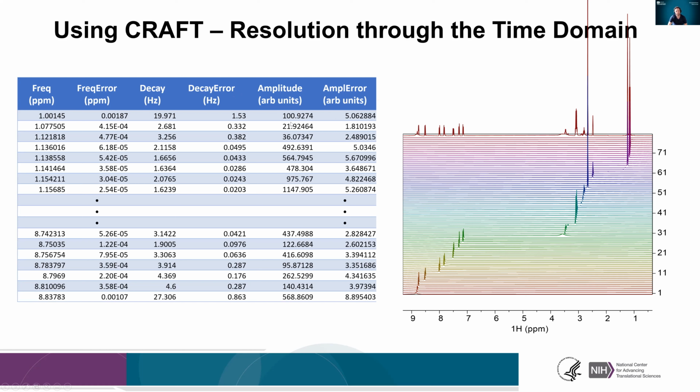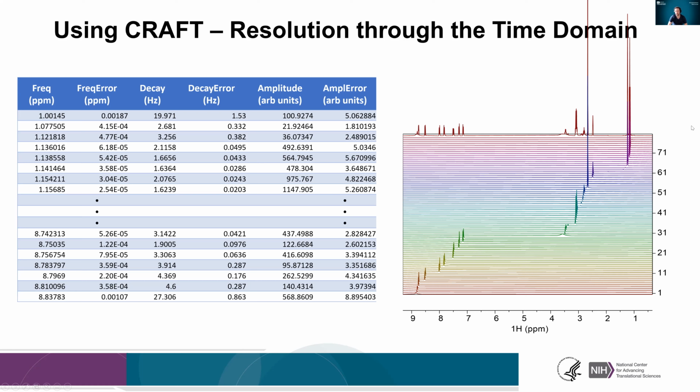And then from these, you can model the peaks as their own sub-FID. So here on the right, I've shown in the back the actual crude spectrum, and then all of the peaks found by the Bayesian toolbox that we've set up here at NCATS. You can deconvolute into all the different peaks here.